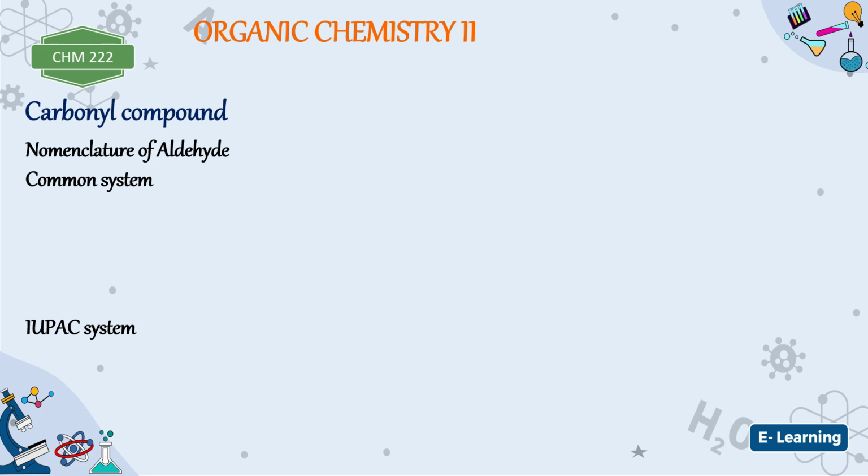Now for instance, if you have something like this, CH3, C double bond O, and then H. Now this one, the common nomenclature will be ethane. Normally it's supposed to be ethane because it starts with carbon, but because it's an aldehyde, you call it ethanaldehyde.